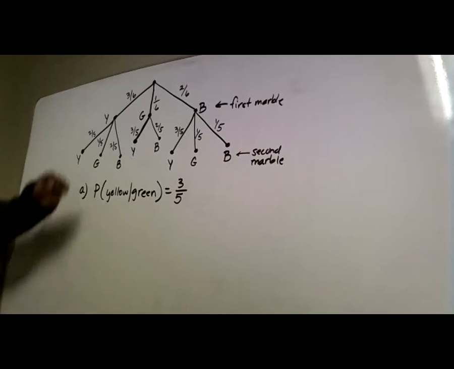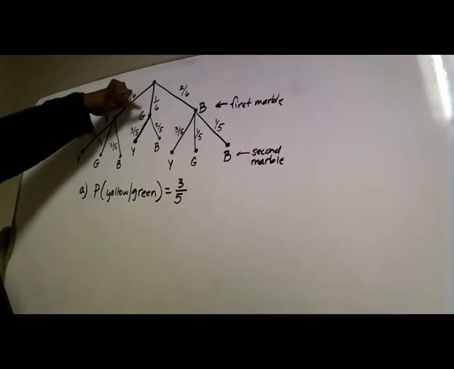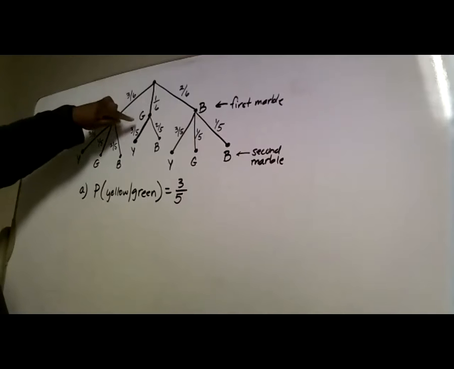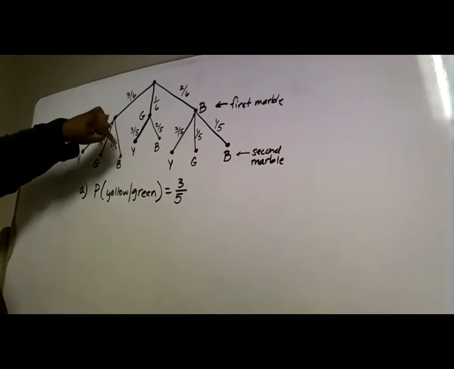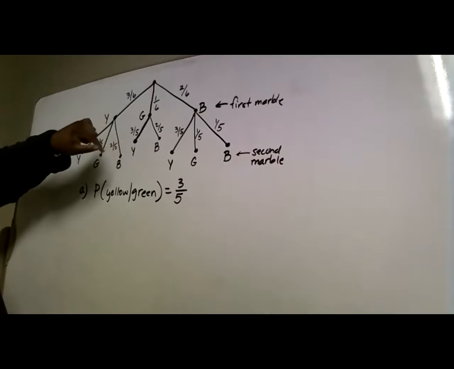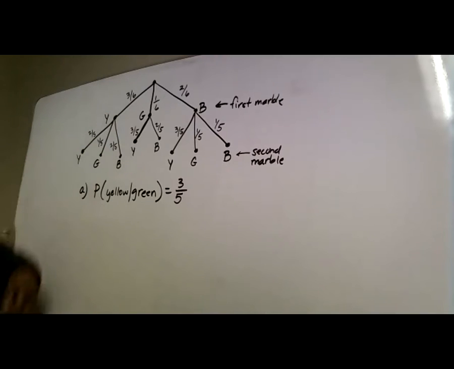We're not worried about the 1/6 for the probability of the green marble, because we're already given that the marble was green. We just want to know the probability for the second marble to be yellow, which in this case is 3/5. And that's all there is to it. Okay. Questions about part A?